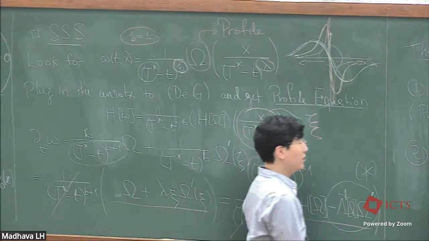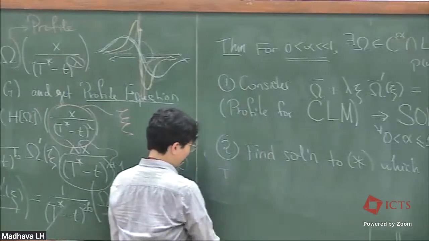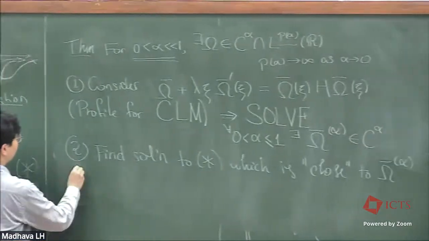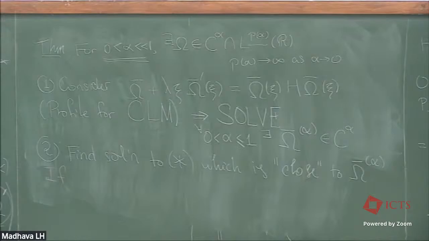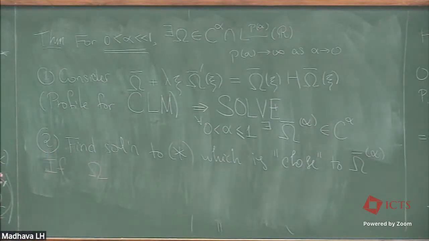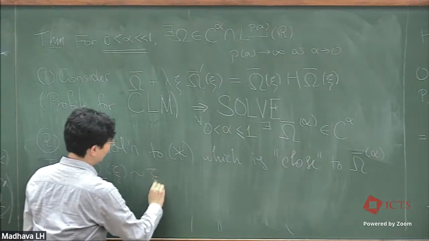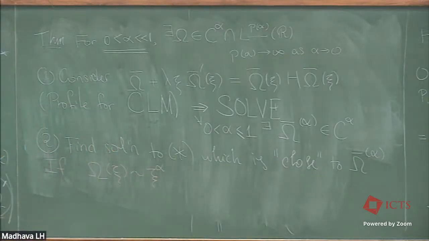But the point is that, and this is just heuristics, if the profile omega, for CLM or De Gregorio, doesn't matter, near the origin is only C^alpha exactly and not better, there is smallness coming from the transport.